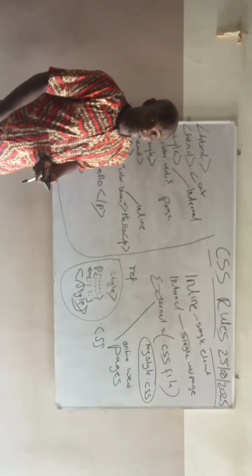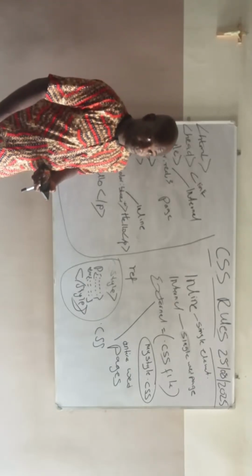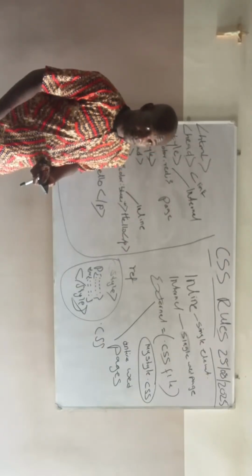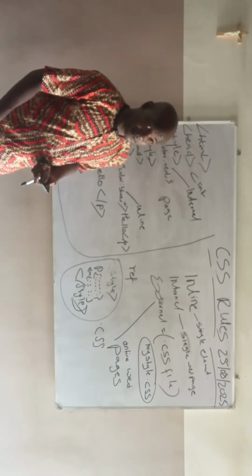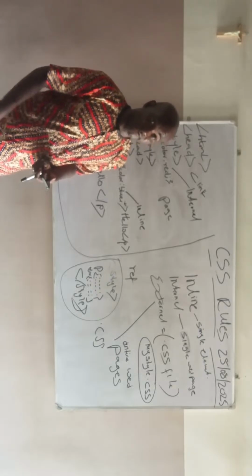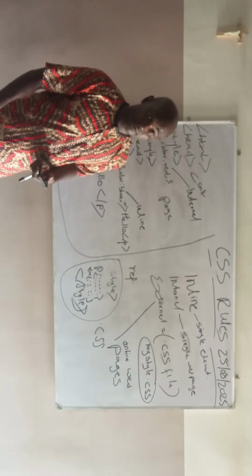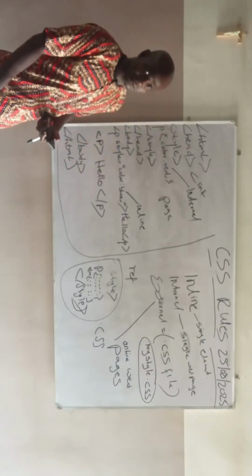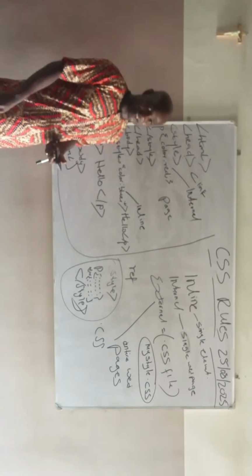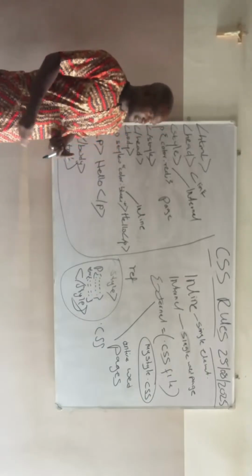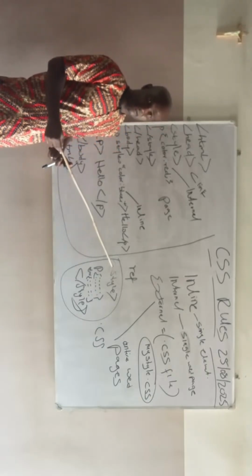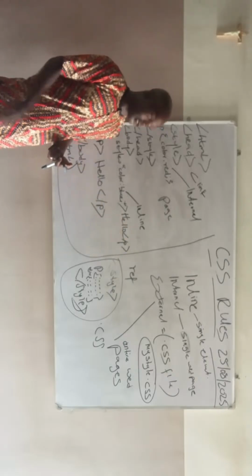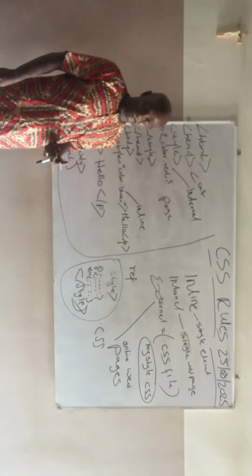Why? Why just start a new file and start a closing style and close it? I can't start a new file and use the style. What kind of file are you talking about? A CSS file. So you cannot start writing a new CSS file and start with style. Why shouldn't I start with style? I'm not going to start with HTML here, I'm not going to start with CSS.